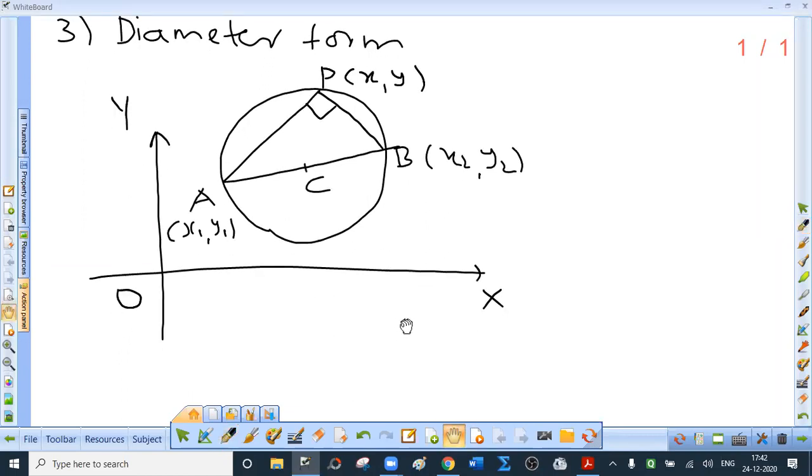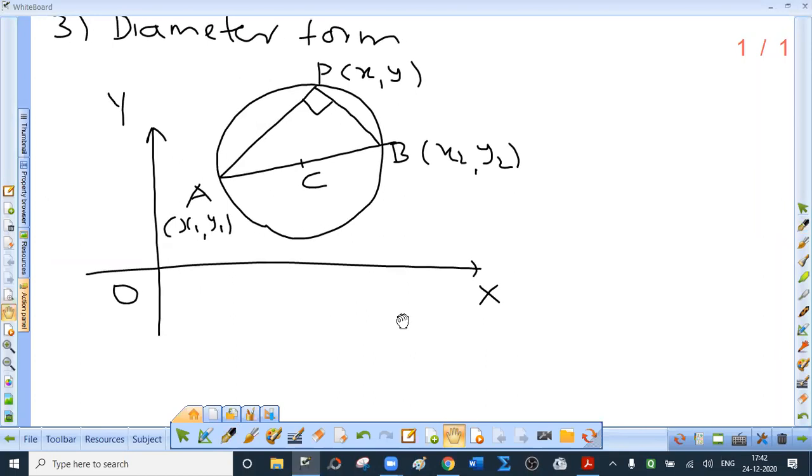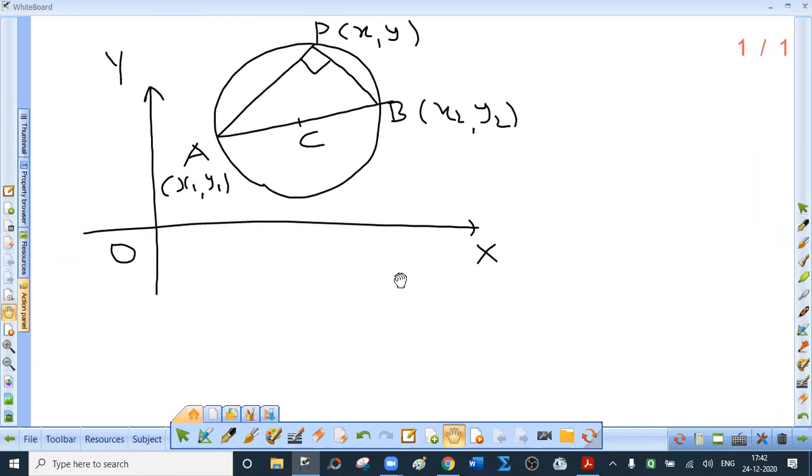Here we begin with let P(x, y) be any point on the circle. Now we use the fact that angle inscribed in a semicircle is a right angle. So measure of angle APB equal to 90 degrees. Therefore, slope AP into slope BP equal to minus 1.